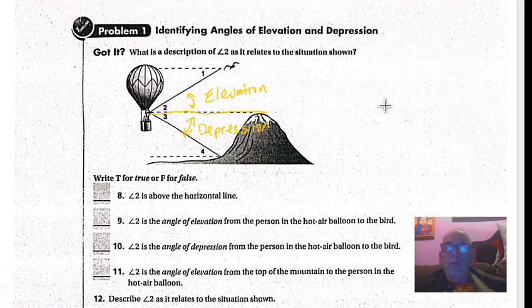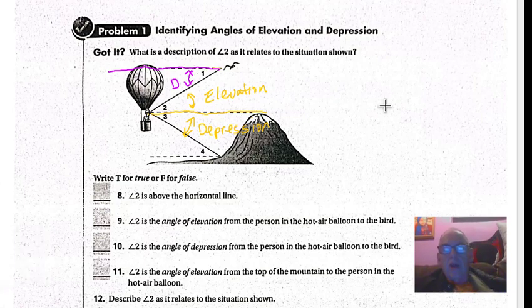Now, if you're the bird flying in the sky, its eye level, let me change colors up, its eye level or reference line is this horizontal line that goes across through here. So this angle 1 represents an angle of depression to the bird. And let's get down here to angle 4 while we're at this.